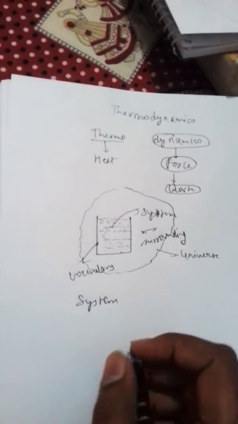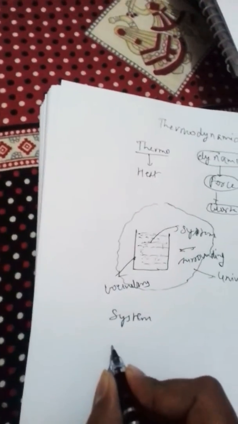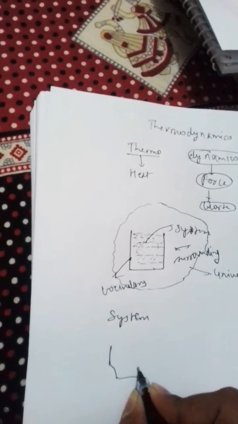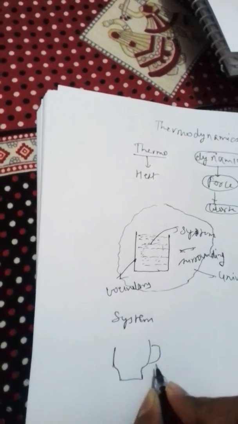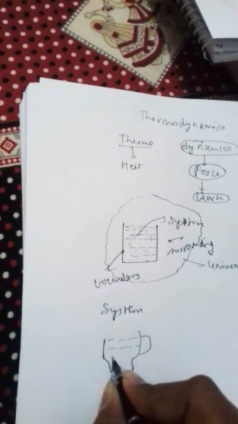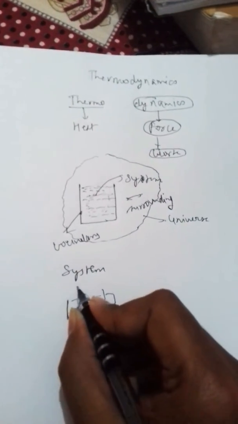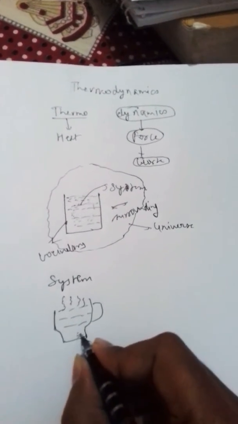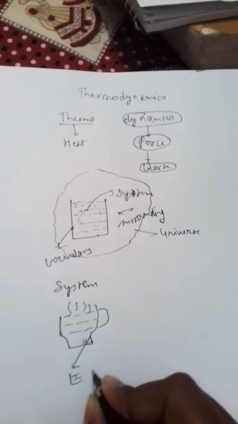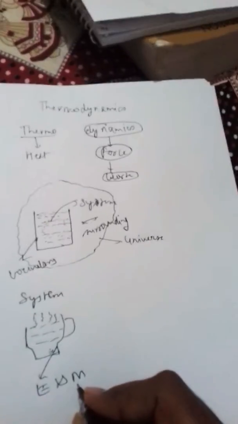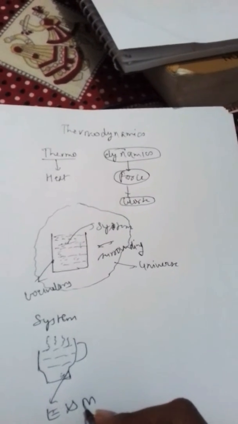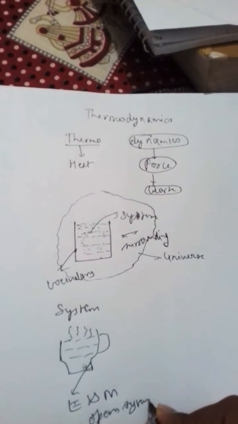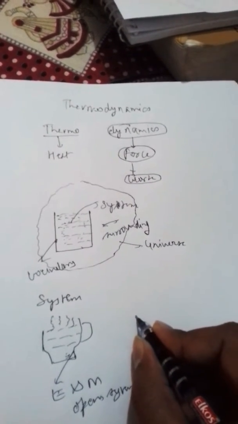Let us assume a cup of tea, from which energy and mass cross the boundary. This is called an open system.